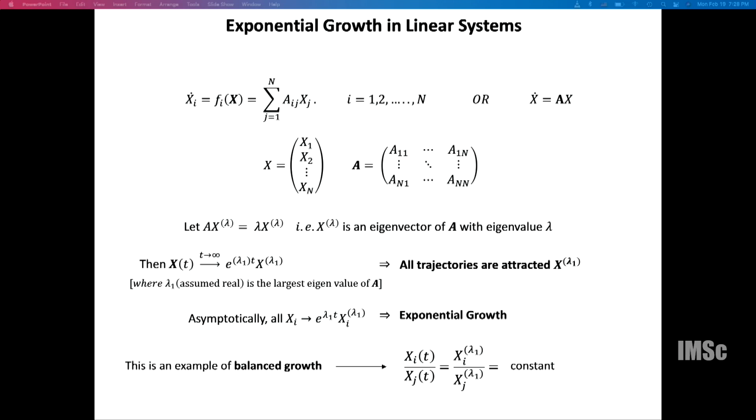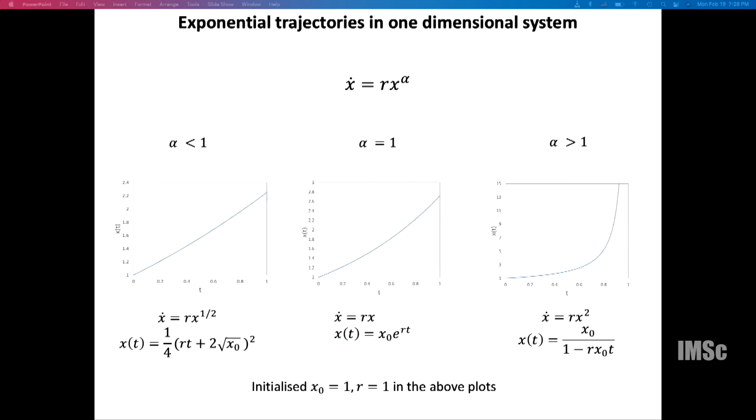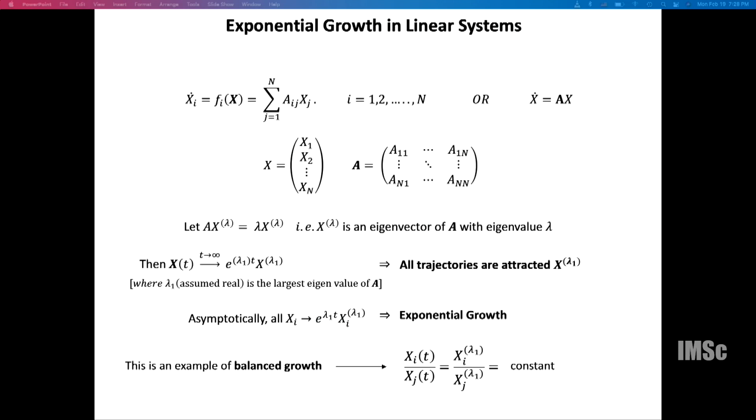This is a linear dynamical system in n dimensions, and one can write it in matrix form. Here it turns out that there are transients in which the behavior is not exponential, but eventually the system gets attracted to a trajectory in which all the variables grow together exponentially.